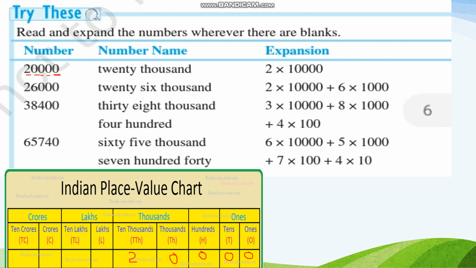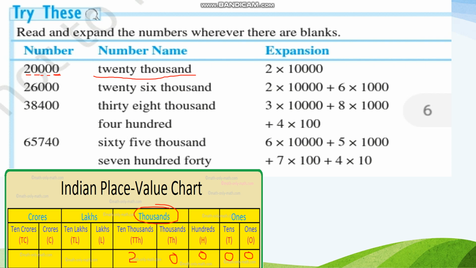So 2 and 0 together make 20. 20 thousands. The rest of the digits are 0. That's why the answer is 20 thousands. So how to read this number? It is 20,000.